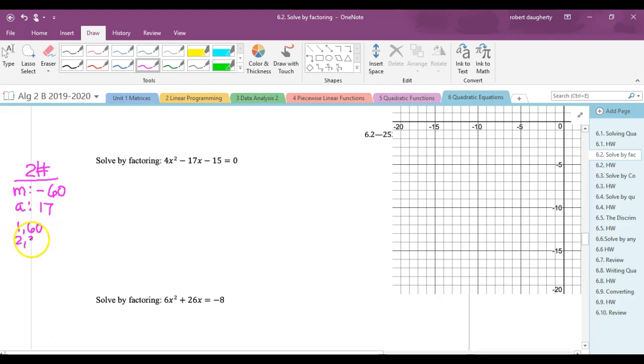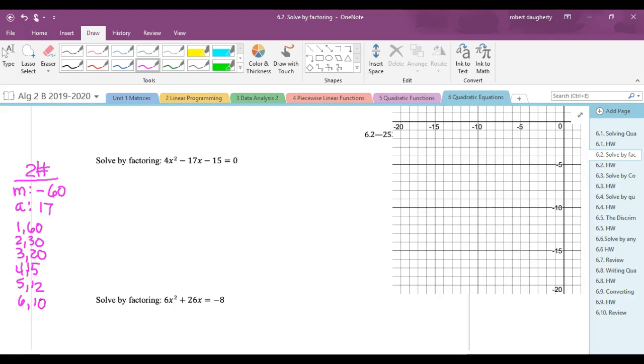What is it? 2 and 30. 3 and 20. It's 4 and 15. 5 and 12. And what? 6 and 10. Is there a way I can combine those numbers and get a 17? Which one?